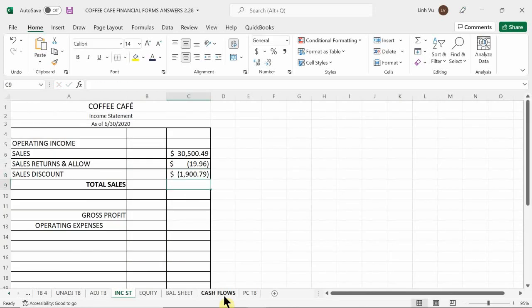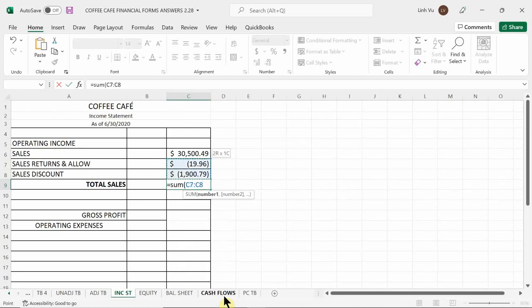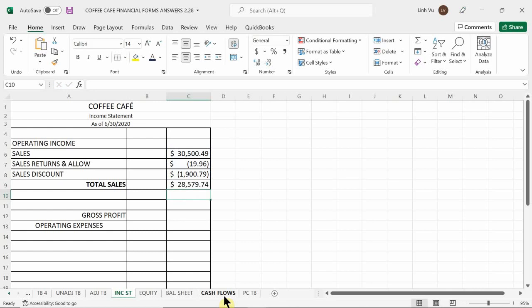So this is going to give you your total sales, right? How much money did you actually earn overall together from sales? So I'm going to use my equal sum, or you can just add them all up together, right? Because in this case, I had a total of $30,000 worth of sales. However, I discounted by $1,900, and I had a sales discount for $1,996 here.